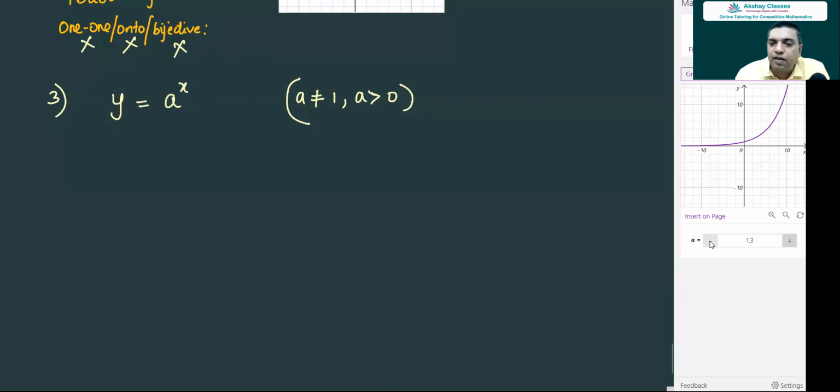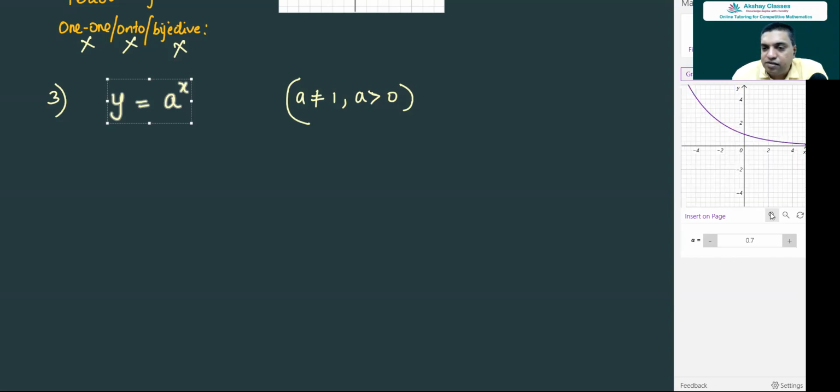Yes. So when a equal to 1, it's a straight line. For a as a number between 0 and 1, you will get a curve like this. And for negatives, it will not exist. Okay, for positives, it will exist.